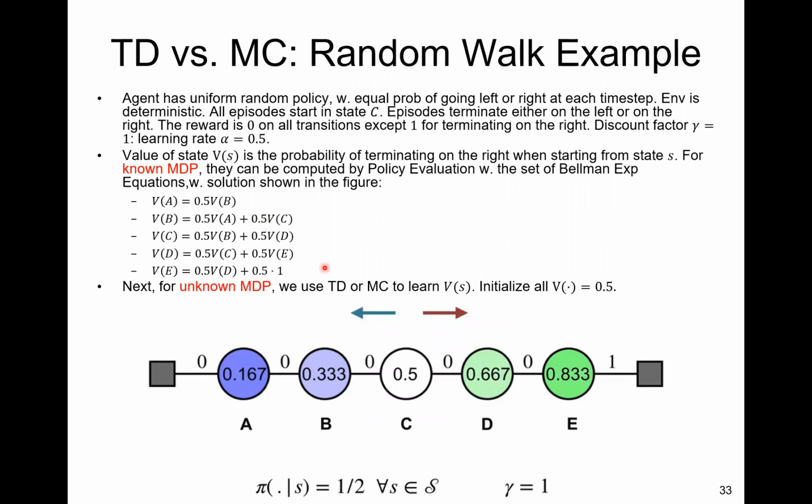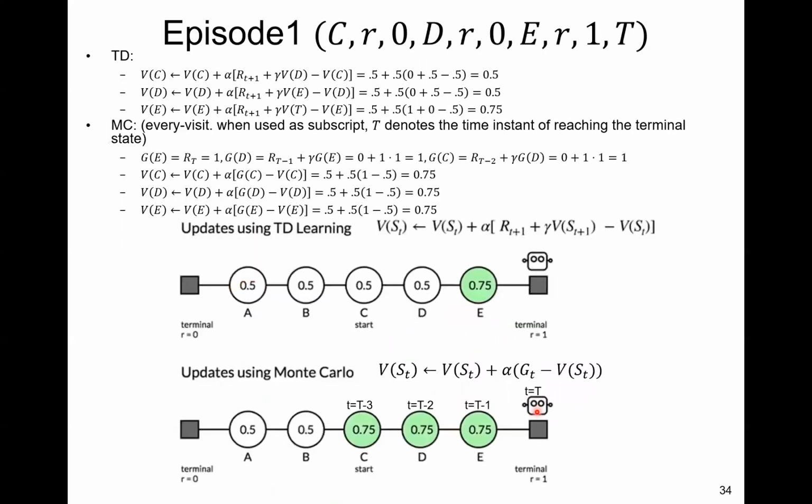But if you didn't know that, then you can use TD or MC to learn the value function. So the first episode is the sequence from C to D to E, and then to the end terminal state. This is the sequence.